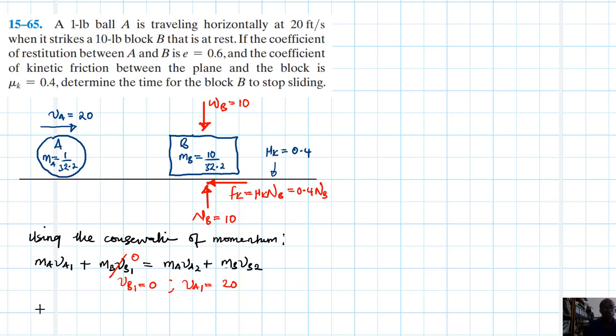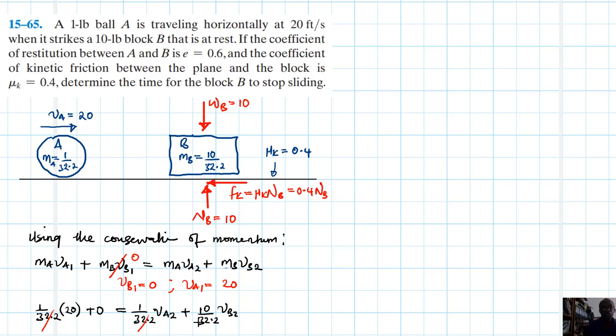So MA is 1 divided by 32.2, times 20, plus 0, is equal to 1 divided by 32.2 times VA2, plus 10 divided by 32.2 times VB2.